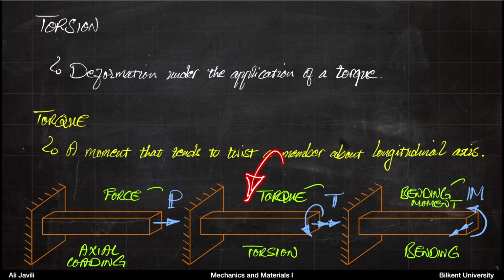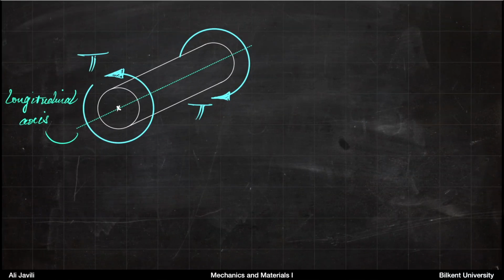about this problem. All right, so this picture shows a cylindrical block under external torque T. And again, pay attention that torque is essentially a moment that is applied with respect to the longitudinal axis here.